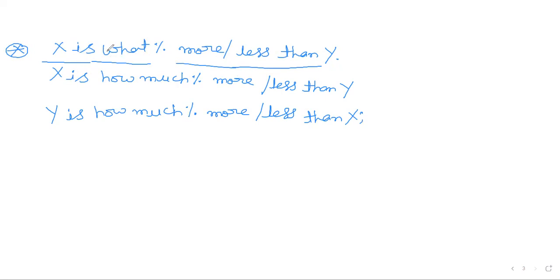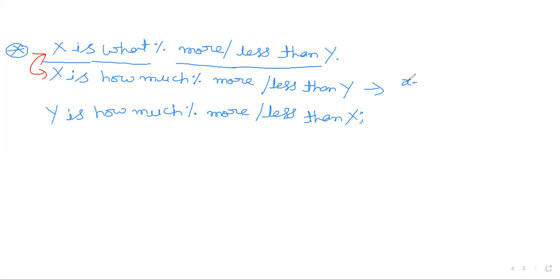X is what percent more or less than Y, X is how much percent more or less than Y. The difference between these sentences is only of language. Okay, this question and this question are the same, so I can easily write what?